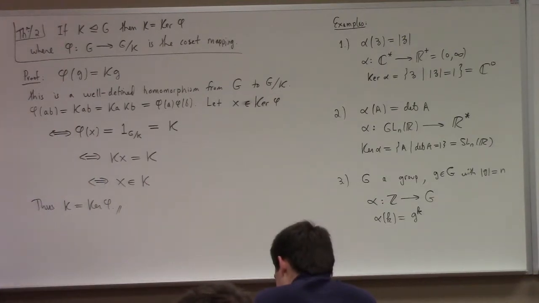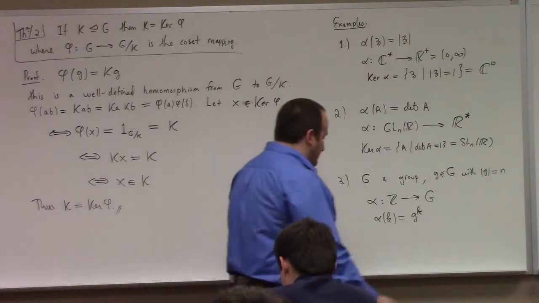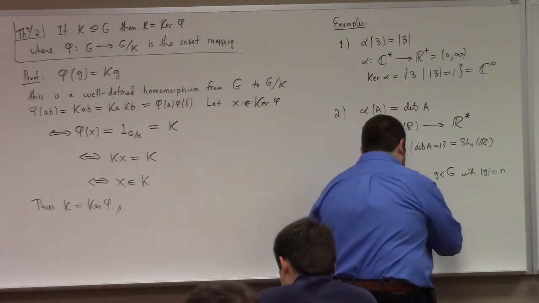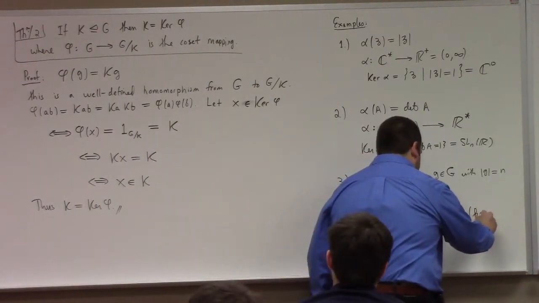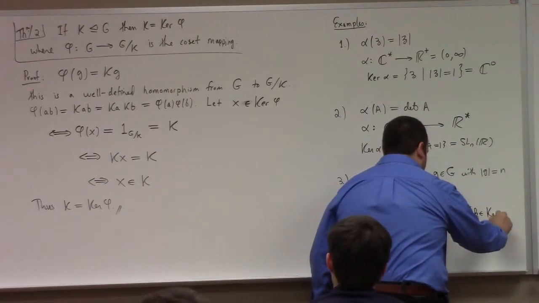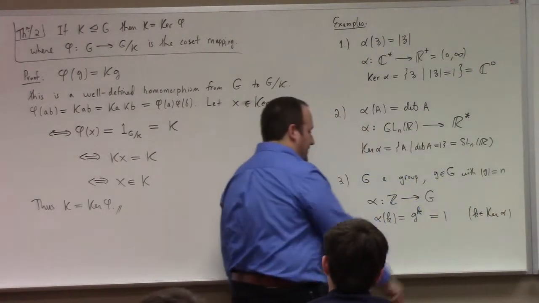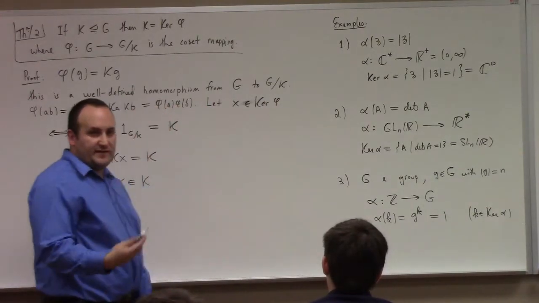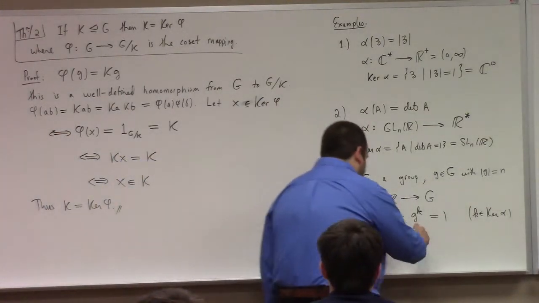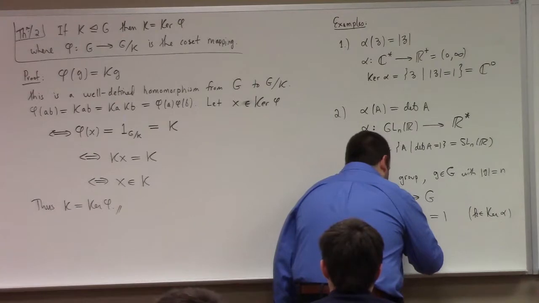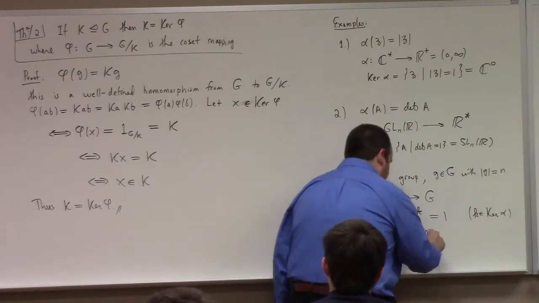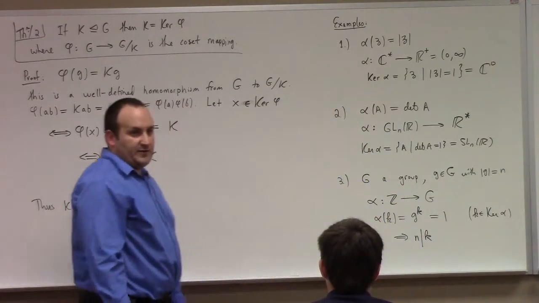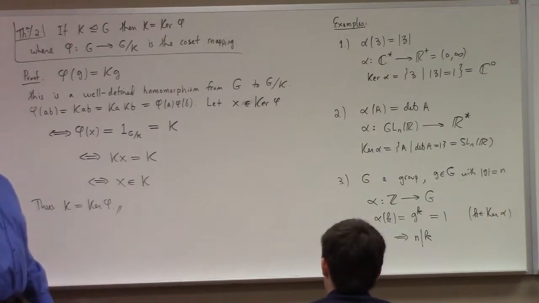So what's the kernel of this mapping? Because if we can find it, we know it's a normal subgroup of the integers. So if we set this equal to 1, which is to say that k is in the kernel of alpha, what does this mean? g to the k equal to 1, but g has order n. What does that imply? n must divide k, by our earlier work, section 2.4, I think it was.